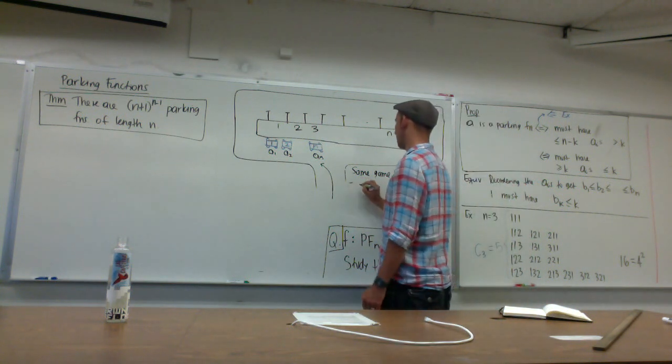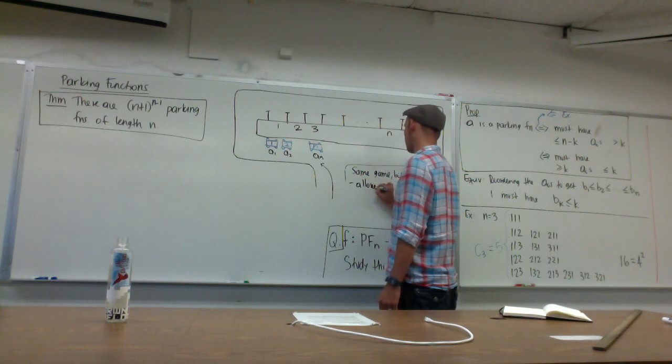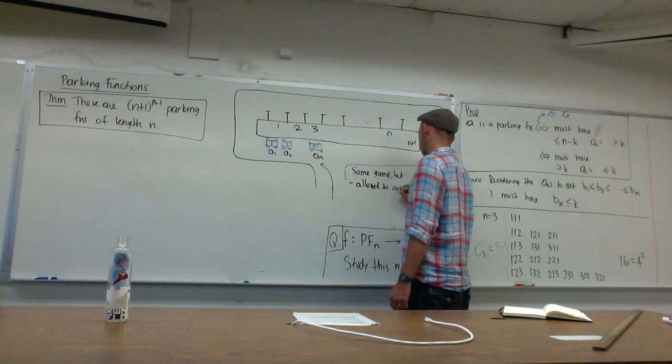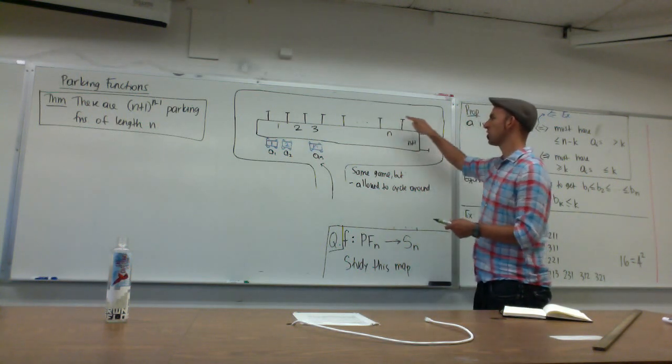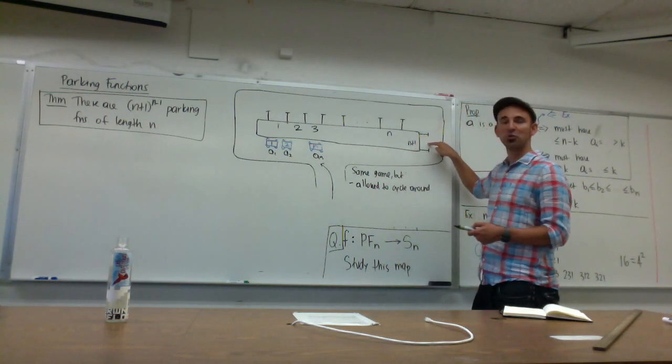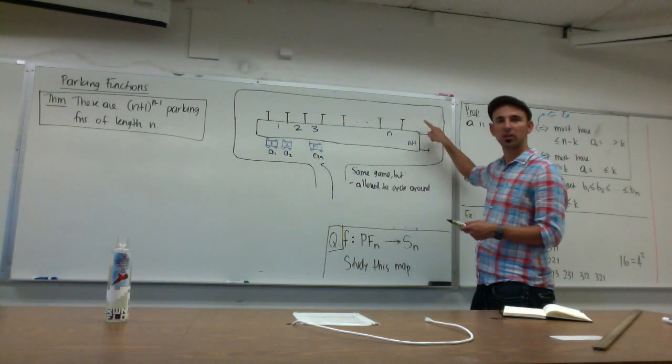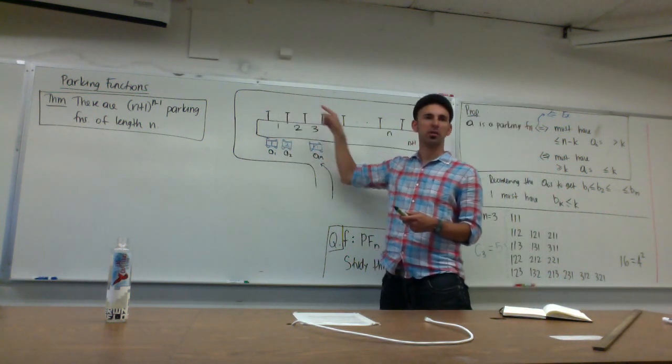So you're now allowed to cycle around. So if you didn't find a parking spot, then you take n plus 1, and even if that's taken, you can keep going until you find the first spot over here.